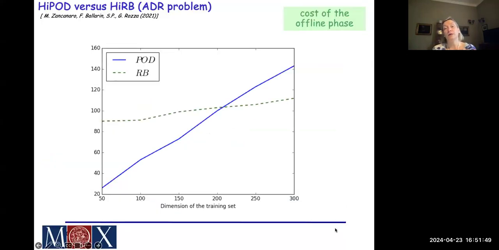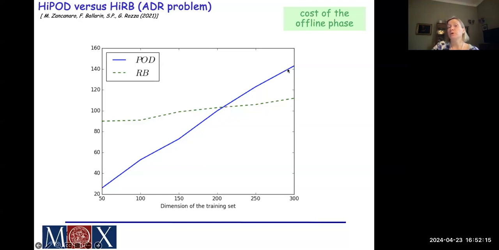Essentially, what can be derived by considering a comparison of the two approaches in terms of, for instance, the cost of the offline phase, is that the HiPOD approach is the best choice until the dimension of a training set is not so huge.